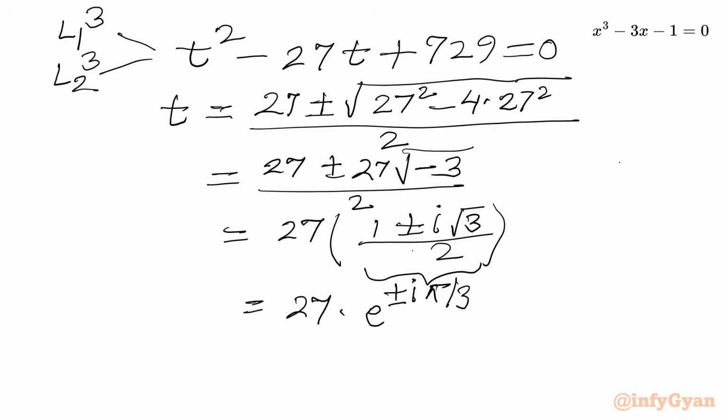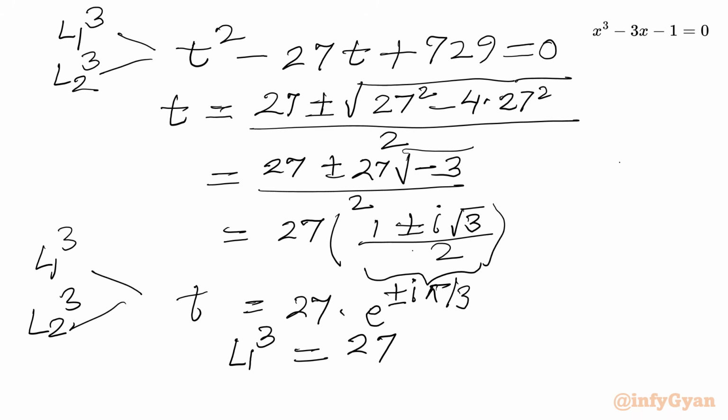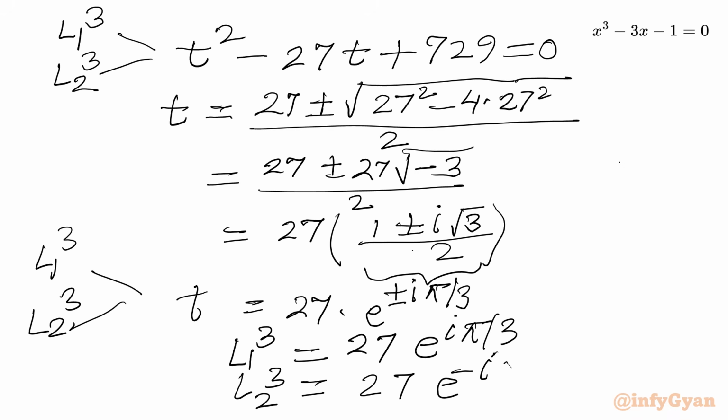3. Now here I will write t, and t is nothing but L1 cube, L2 cube. So with the plus sign we can write L1 cube, with the minus sign we can write L2 cube. So I will write here L1 cube equal to 27 e power i pi over 3 and L2 cube will be equal to 27 times e power minus i pi over 3. Now we have to find L1 and L2.